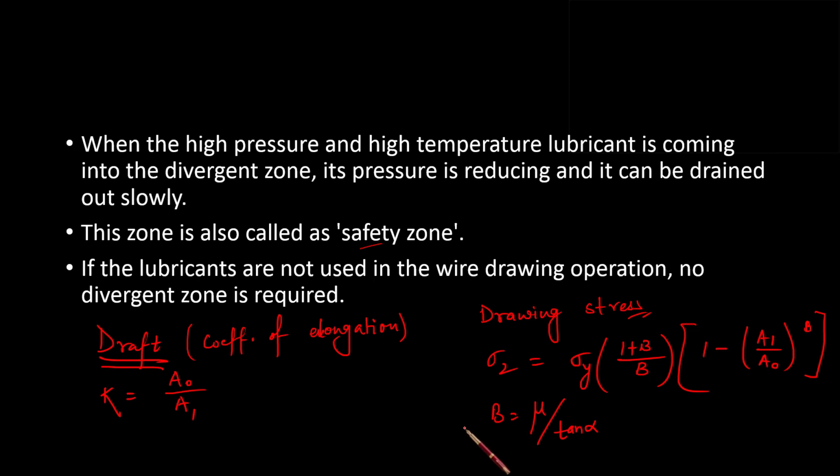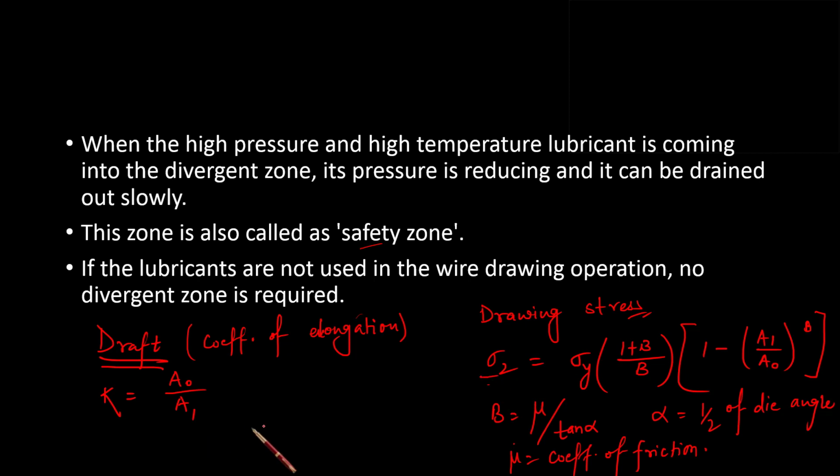Mu is the coefficient of friction, which has been taken as equal on both surfaces. And alpha is half of the die angle. So this is the stress.